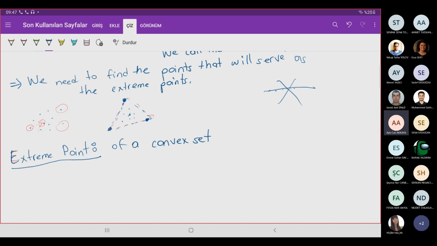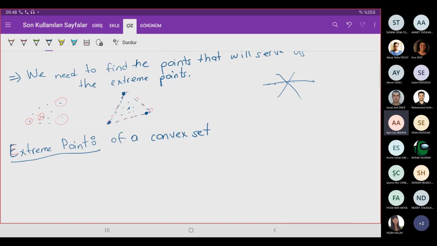Maybe some method like we should check if it's on the edge or not. Maybe we can try to detect that the point is on the edge or not. What do you mean by the edge? We have points now. We don't have edges yet.